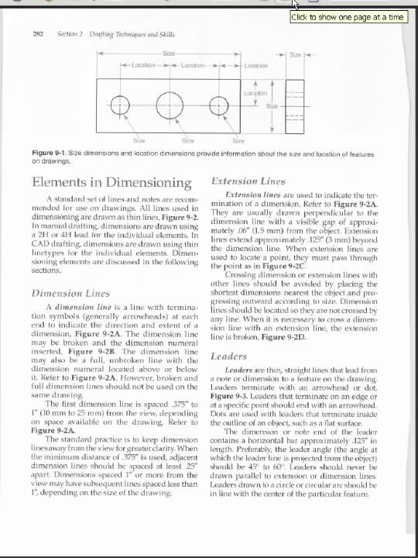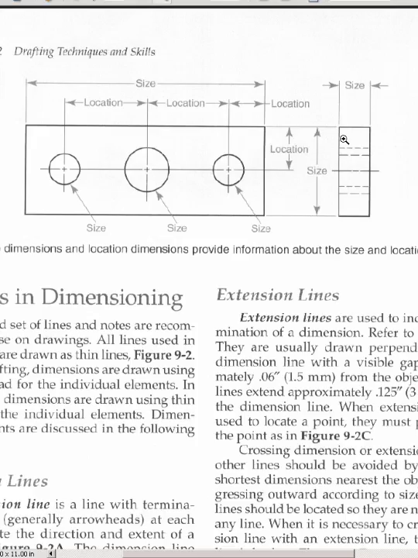First concept are some of the terms associated with this type of work. You have a nice little diagram up at the top of the page, and it has the words size and location. Those are the basic two types of dimensions that we produce.